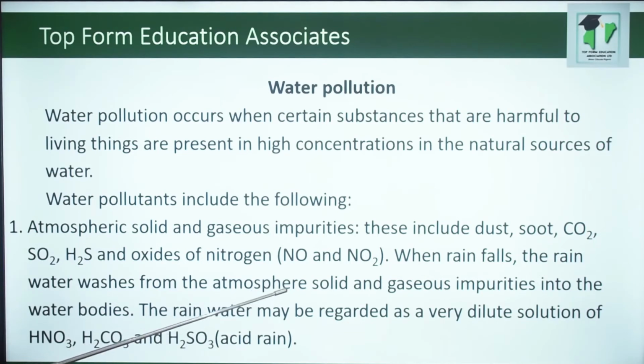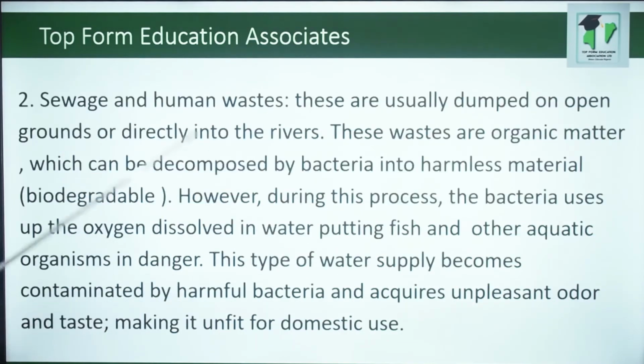But acid rain can remove or deteriorate sculpture materials. Sewage and human waste are usually dumped on open grounds or directly into rivers. There are some people that live on the rivers that dump their waste directly into the rivers. These wastes are organic matter, which can be decomposed by bacteria into harmless material.